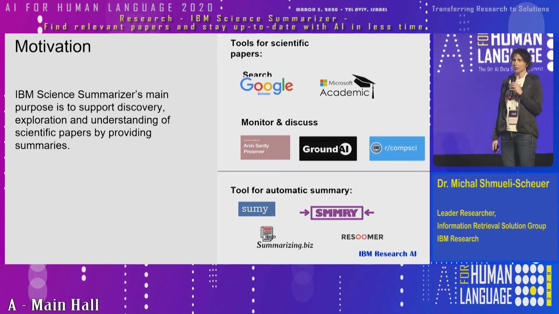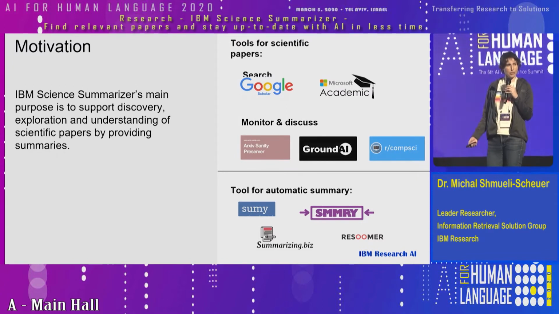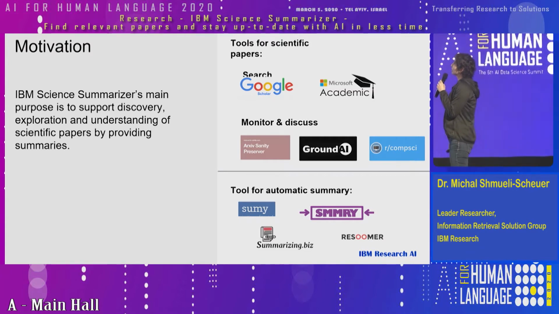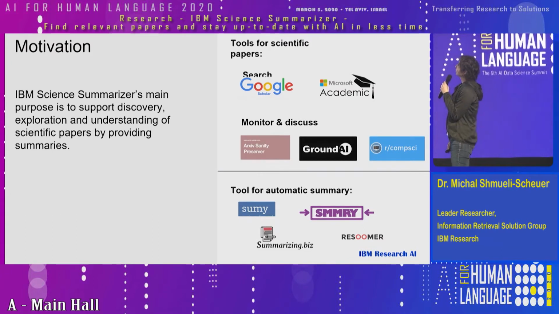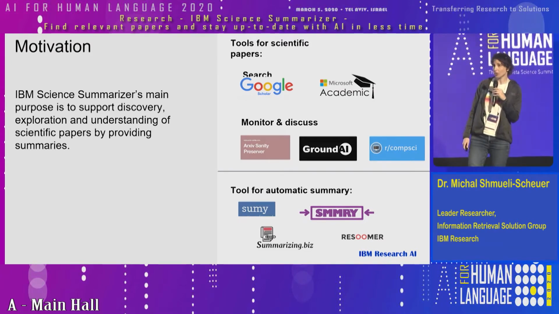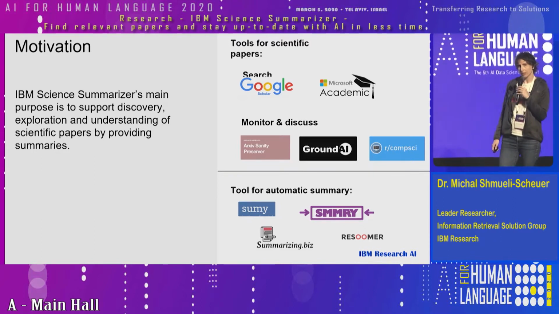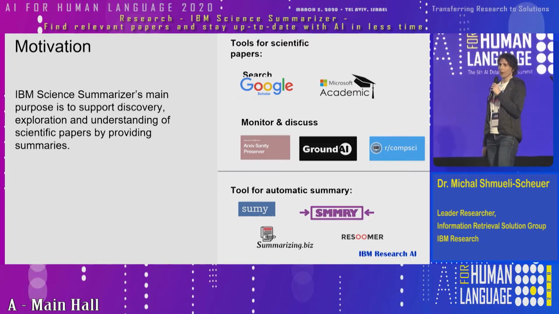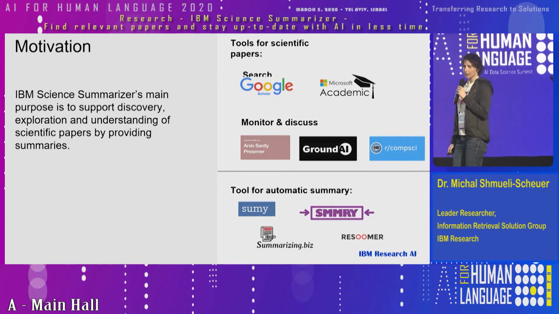So if you look at what tools exist today for the scientific community, probably you're familiar with Google Search, Scholar, and Microsoft Academic. Those are mainly for search. There are some other tools like Ground AI, some subreddits, and the Arxiv Sanity pre-server.